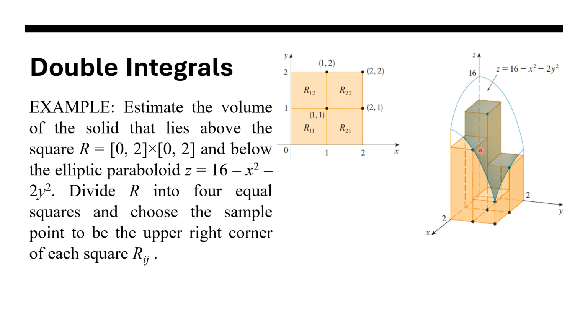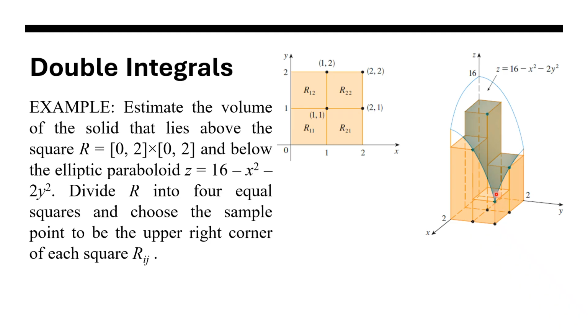This is the base of the rectangle. Since in the given instruction we are going to divide the base into four equal parts, we can now choose any of the upper right points.